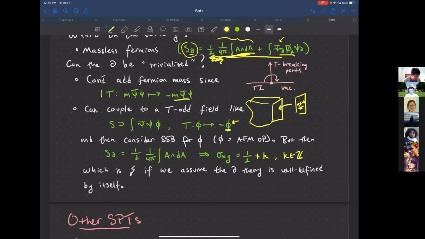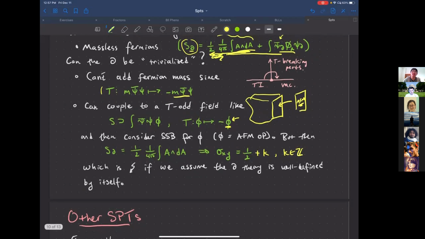So the integer Chern-Simons is without the half term. Yeah. So what we have is the usual story of the parity anomaly, right? We can either break U(1), by having this 1/2 level Chern-Simons term, or we can break T, right?